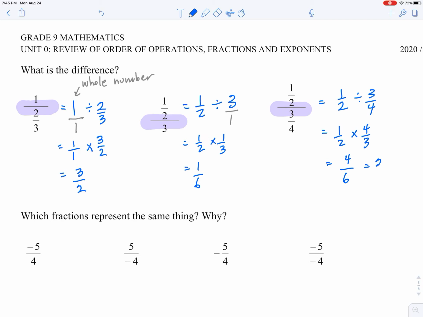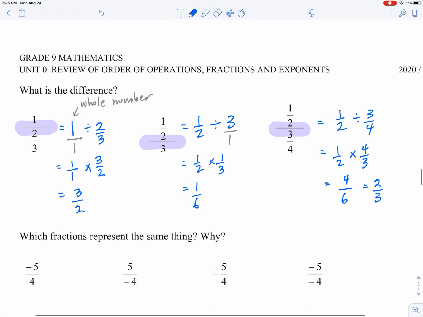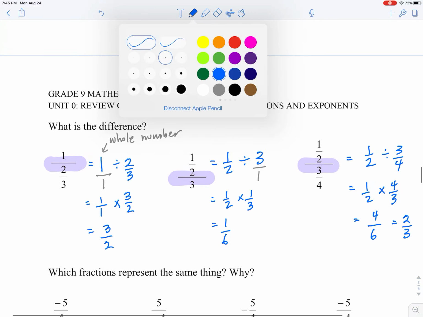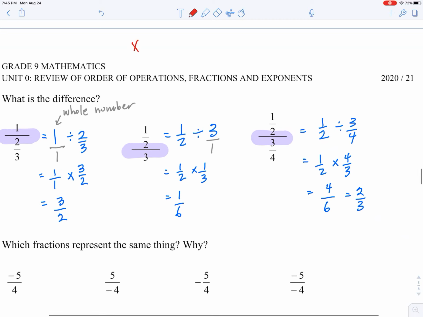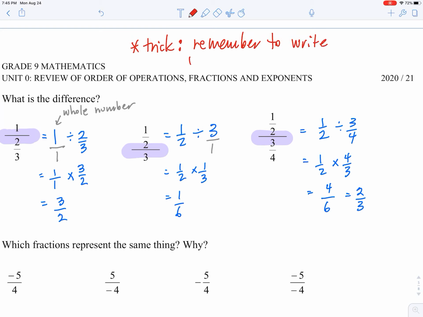And if I were to simplify it, it would give me 2/3. So these are all very different. And so the trick here is, and we'll write down this trick: remember to write whole numbers as fractions over 1.